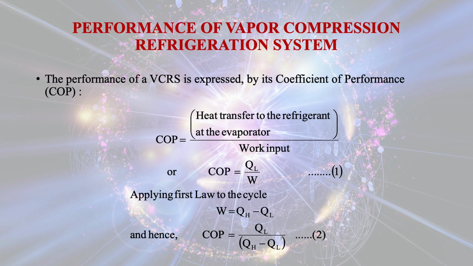For this case, COP is equal to QL by W, because W is work done onto the system and QL is the net refrigeration effect. But applying the first law of thermodynamics, we can say that W is equal to QH minus QL. So COP of the vapor compression refrigeration system is equal to QL divided by QH minus QL.